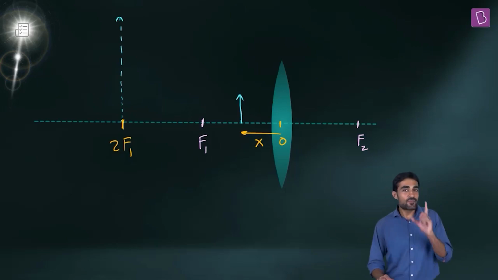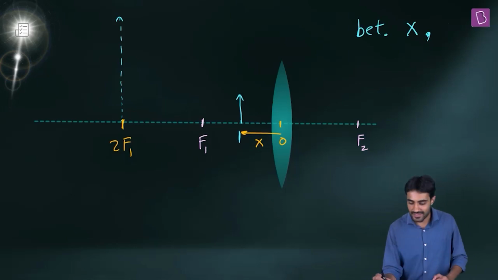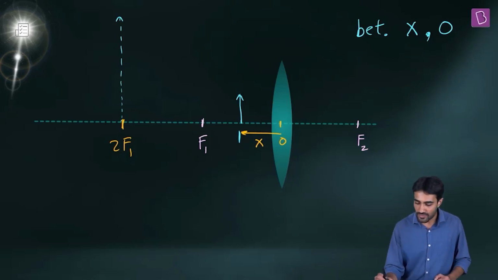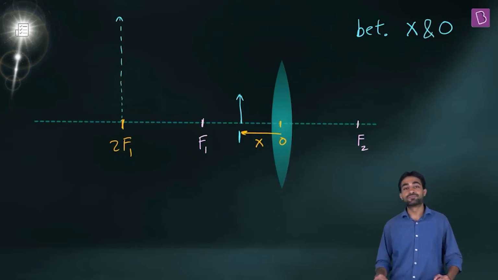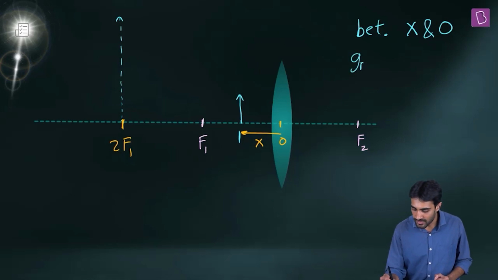Now, if our object is between x and the optical center, let's say we call it distance 0 from the optical center, then we will get the image between 2f1 and f1.